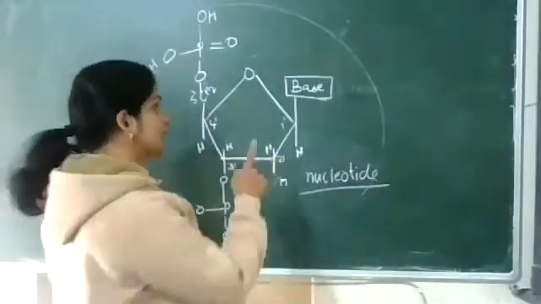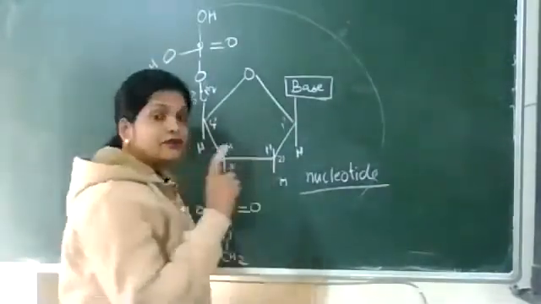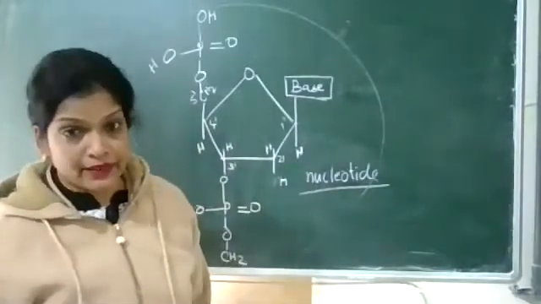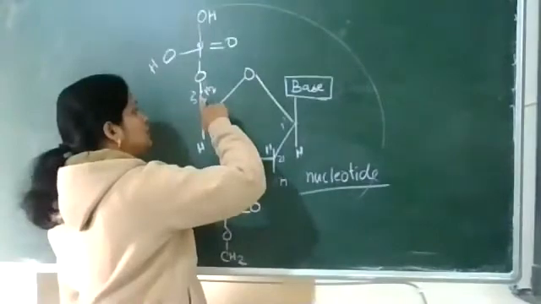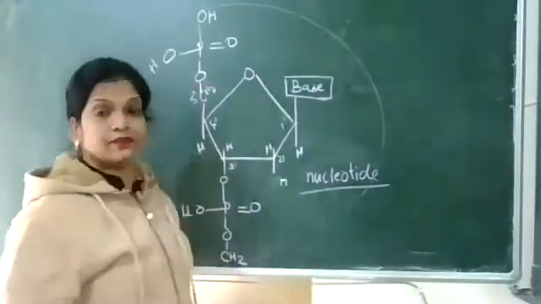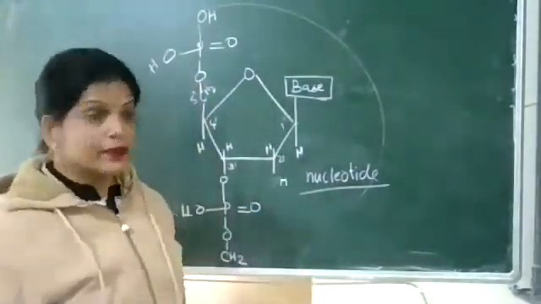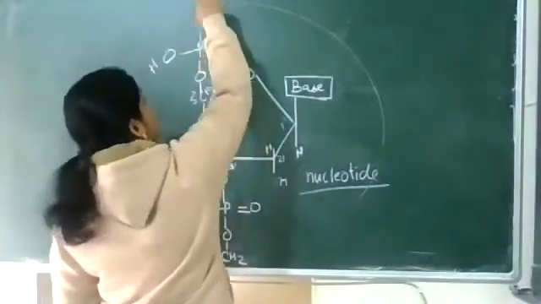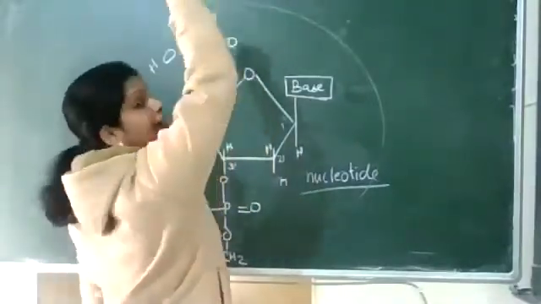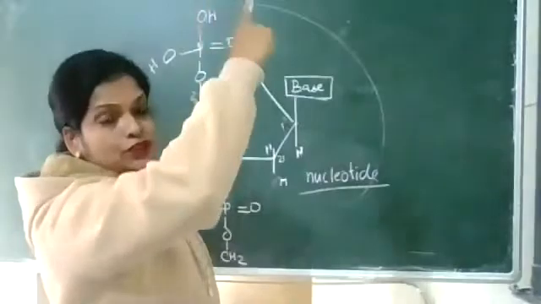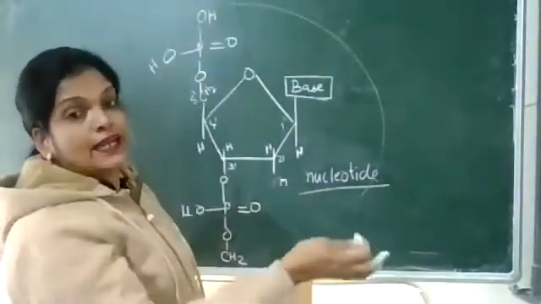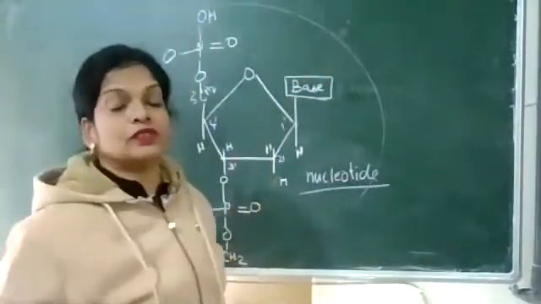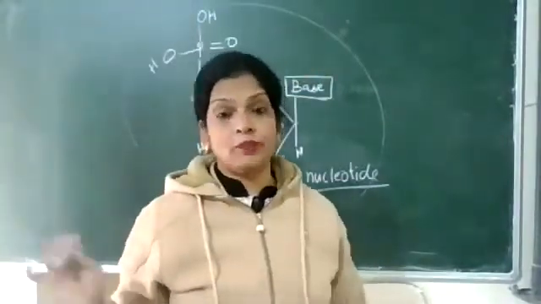When the base is connected to the sugar, we get a nucleoside. When this nucleoside is connected at the 5' position of the sugar with phosphoric acid, we get a nucleotide. This phosphoric acid will be connected to the 3' position of the sugar of the next nucleotide. Like that, many monomers are joined and we get the polymer.